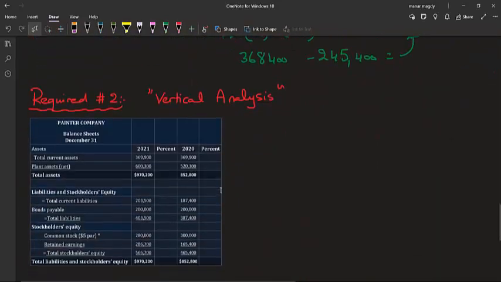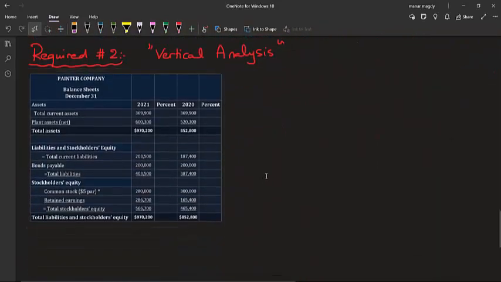So it is good practice for you. What we were saying previously is that vertical analysis is applied on the total amounts, the total assets and the total liabilities.